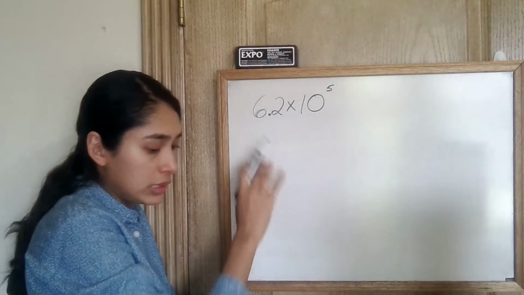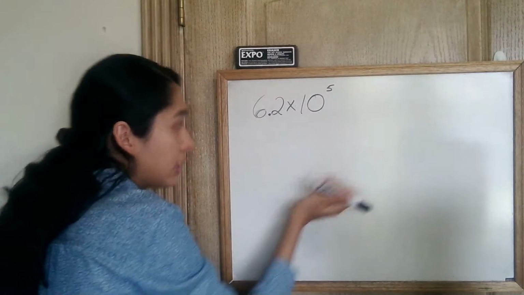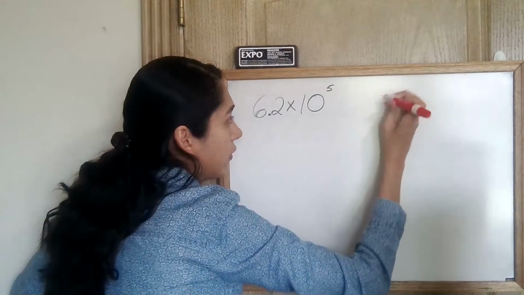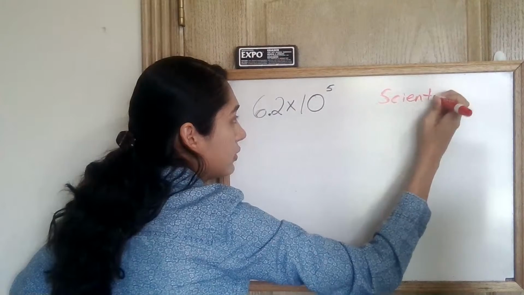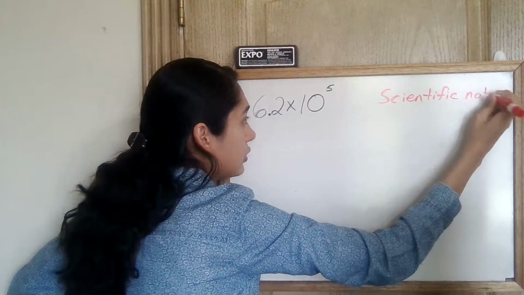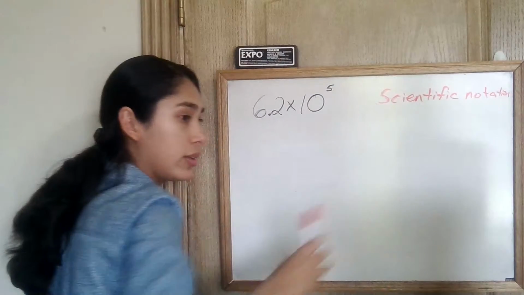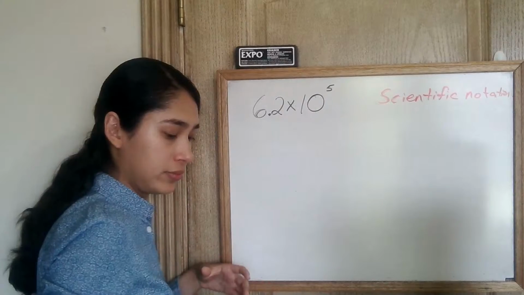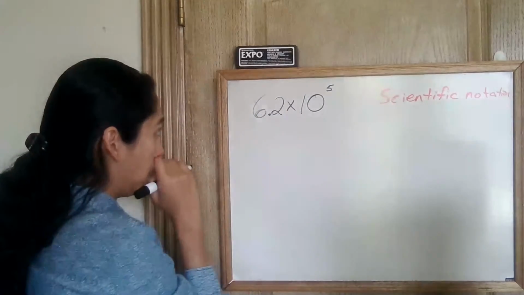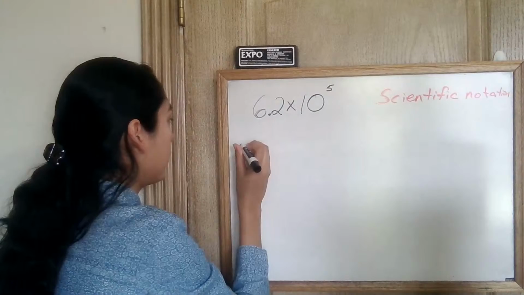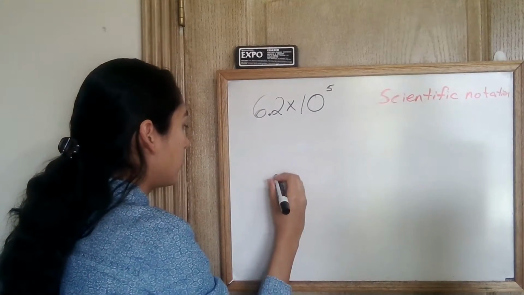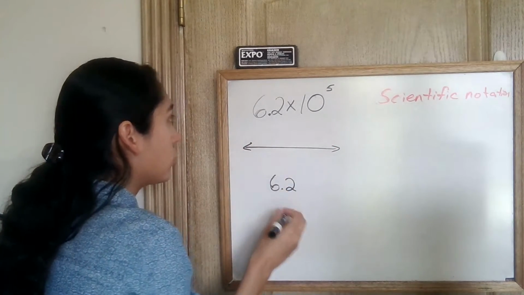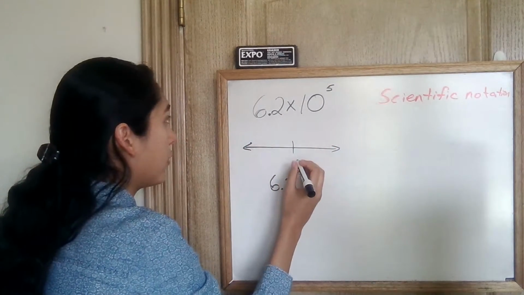So here, what is the actual value? This is scientific notation, the fancy way. And then there's something called standard form. That's what we are used to seeing in everyday life. So knowing on our number line, we have 6.2 right here, and we have 10 to the power of 5.